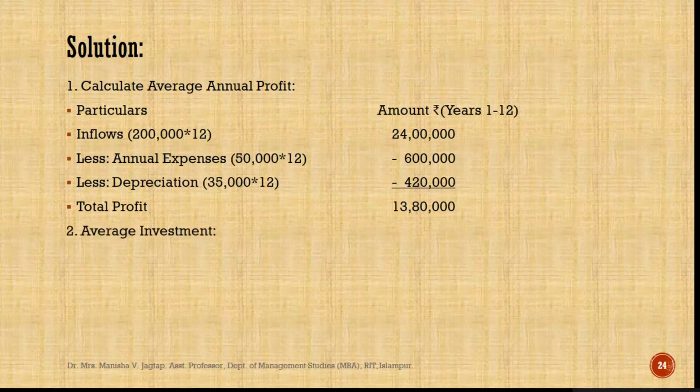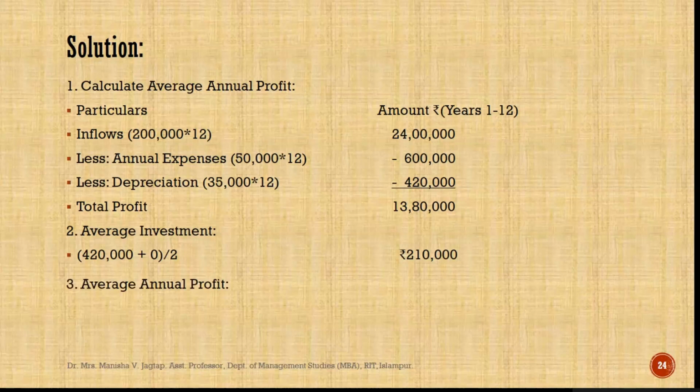Now next, we will see average investment. Total investment is 4 lakh 20,000. There are no installation expenses and all. So total investment we can say 4 lakh 20,000 divided by 2. So average investment here is 2 lakh 10,000.